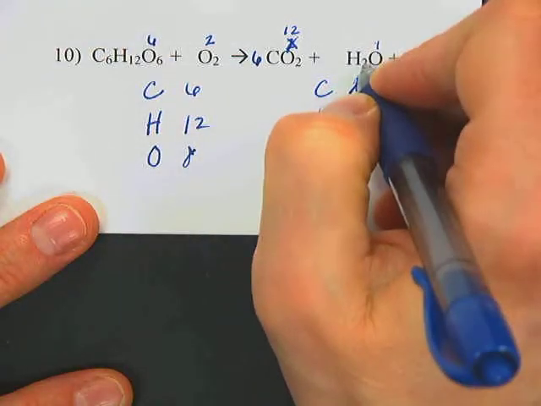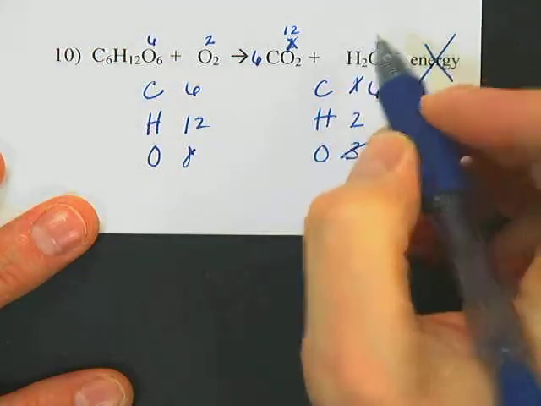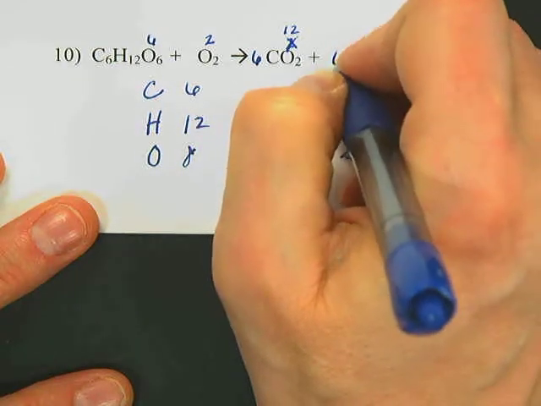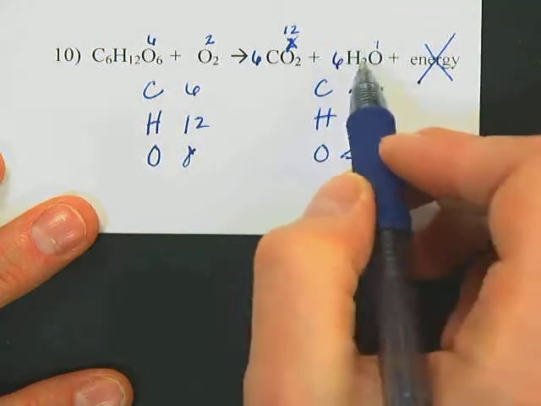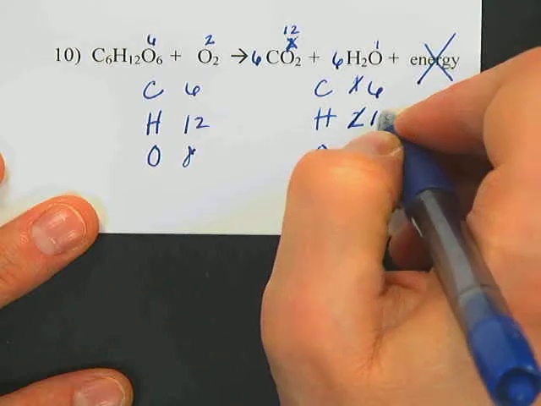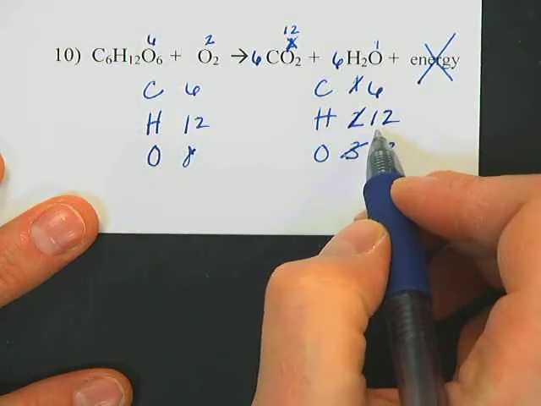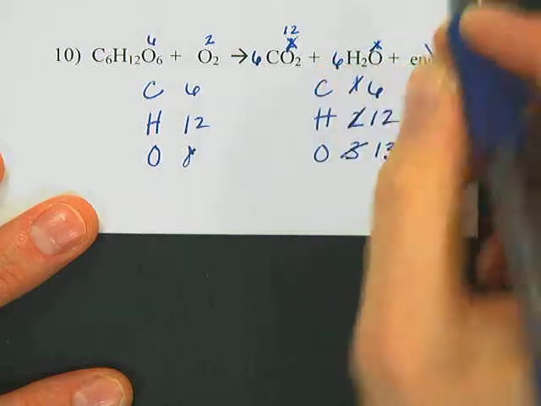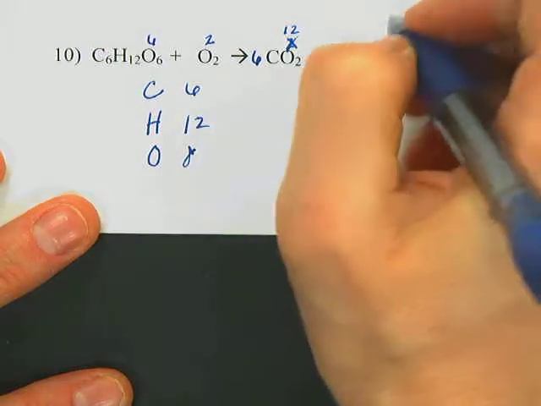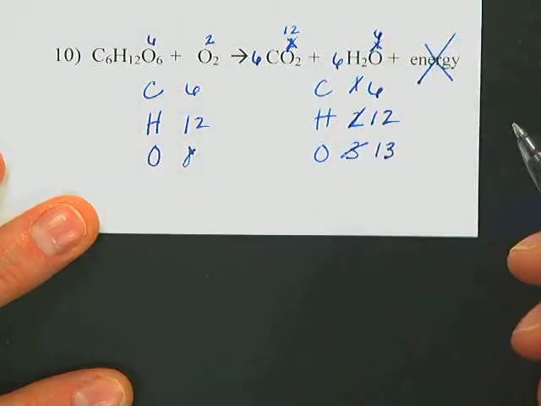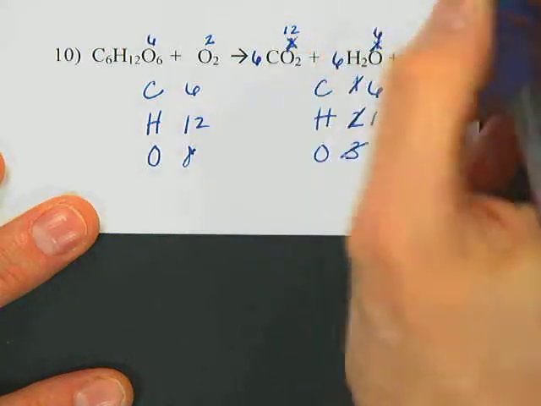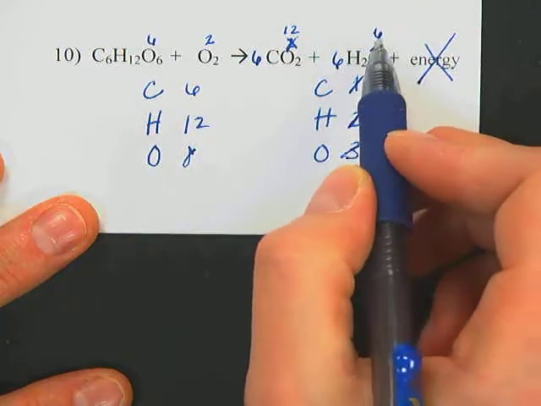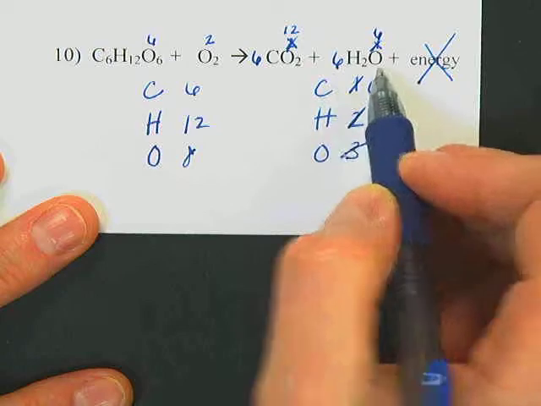Now let's solve for hydrogen because, again, we have oxygen all by itself right here. So we're going to leave that until last. So if we do hydrogen next, we have 12 on the reactant side and 2 on the product side. So in order to make that balance, since we have 2 right here in the water molecule, we're going to put a 6 in front of that. 6 times 2 is 12, so we now have 12 hydrogen atoms on both sides.